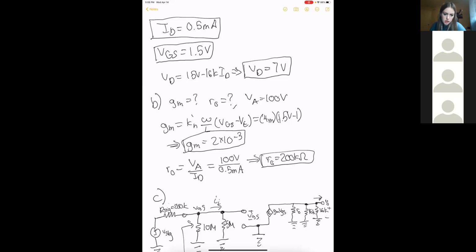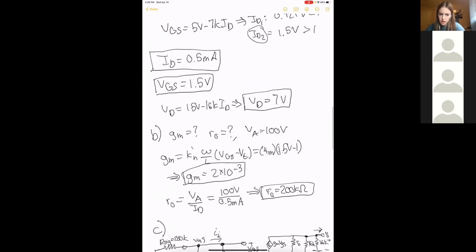Let me just find the equations for you. You know that one. 1 over lambda is equal to VA, and your lambda is your channel modulation, right?